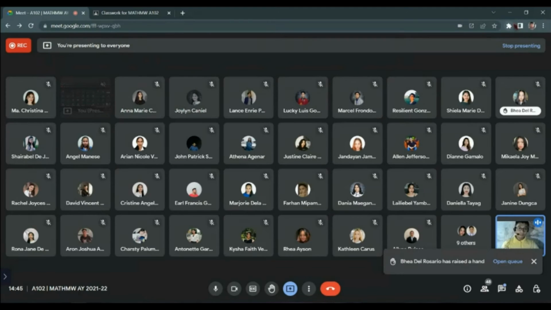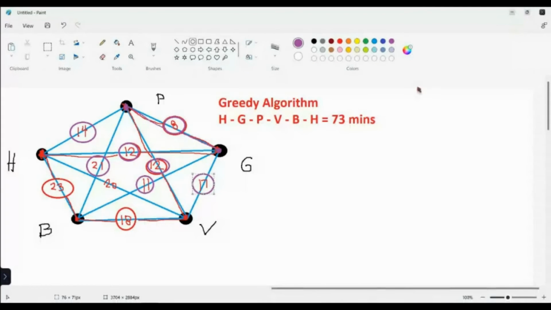Bea. From grocery store po to the bank, 11 minutes lang. Grocery store and the bank. 11 minutes. See the difference between the two. I want you to clearly differentiate between the greedy algorithm and the edge picking algorithm. So we'll have to use this edge.